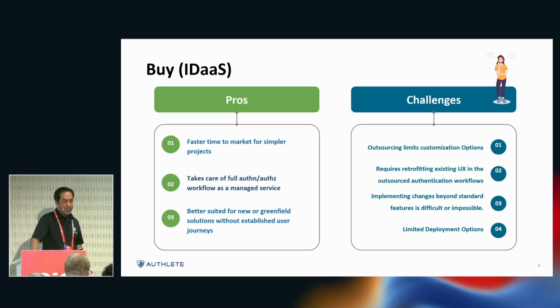It requires retrofitting existing UX to what the vendor provides you with. The vendor would provide you with templates and will tell you that, yeah, it's customizable and you can do a lot with it. But again, it's within those templates that the vendor would provide you with. Implementing changes beyond standard is difficult, and there are limited deployment options, of course.